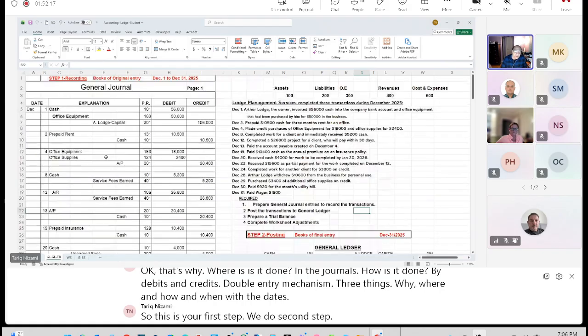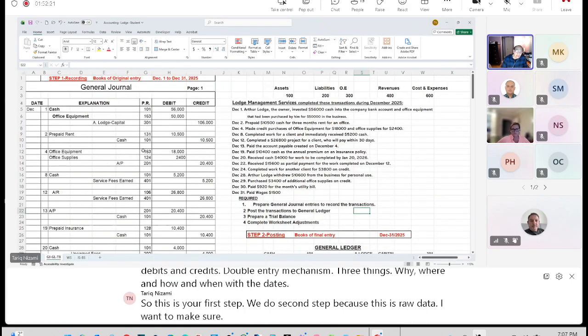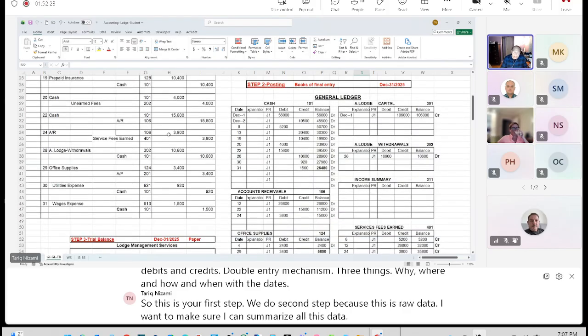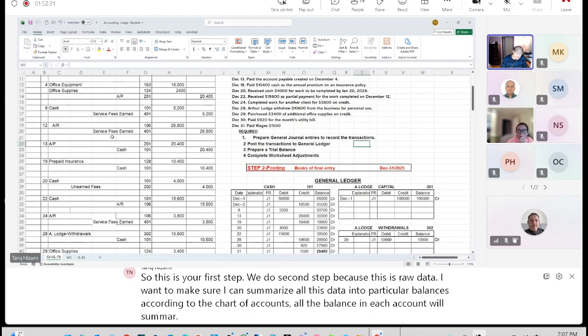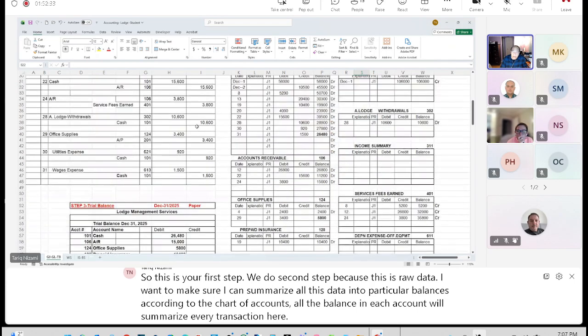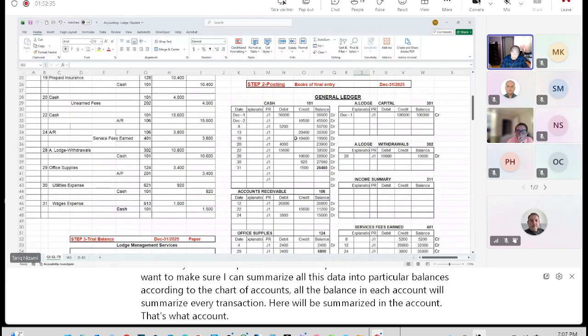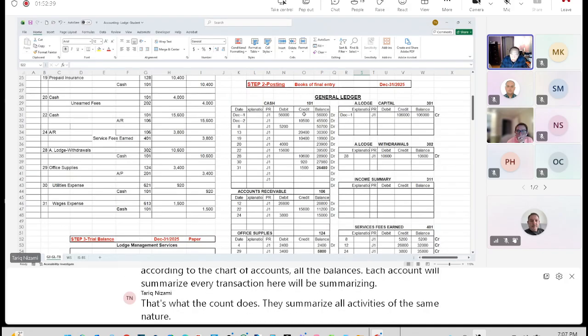Second step, because this is raw data, I want to make sure I can summarize all this data into particular balances according to the chart of accounts. Each account will summarize every transaction. That's what accounts do. They summarize all activities of the same nature into one place.